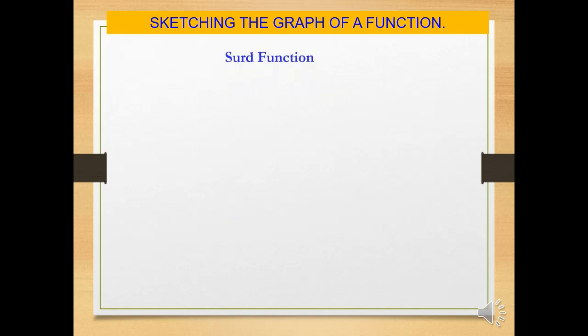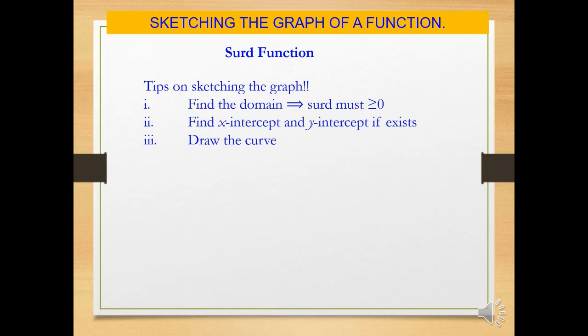For the third function, tips on sketching the graph: find the domain first. Whatever is inside the square root in the third function must be greater than or equal to 0. Then find the x-intercept and y-intercept if they exist. Last, draw the curve.